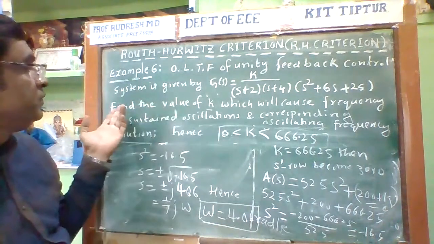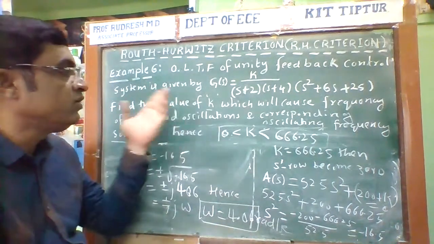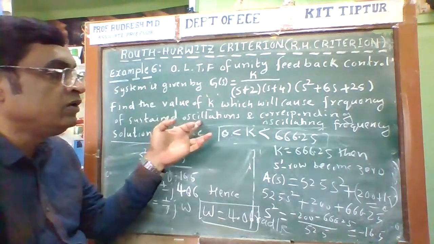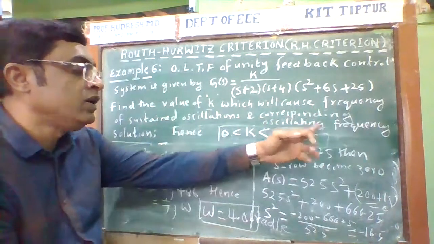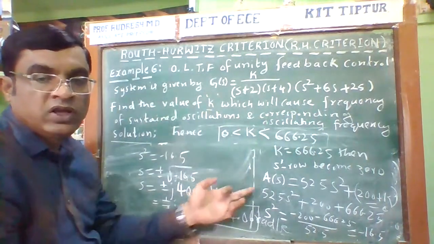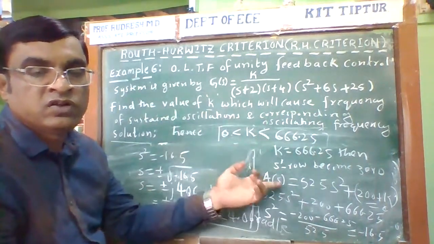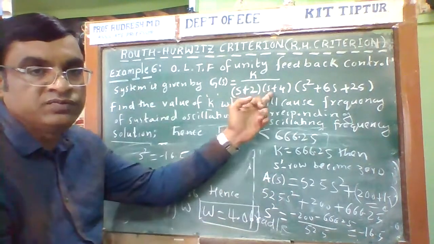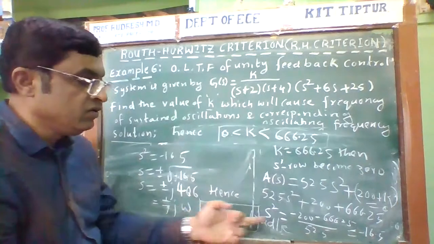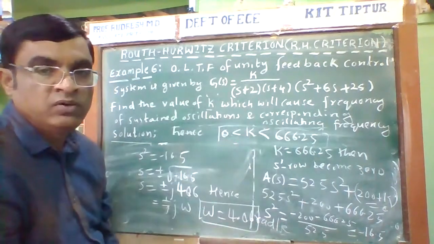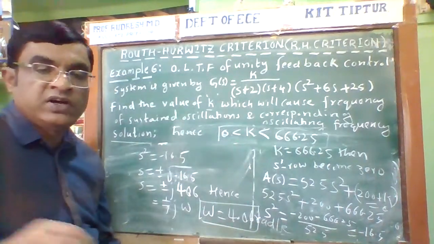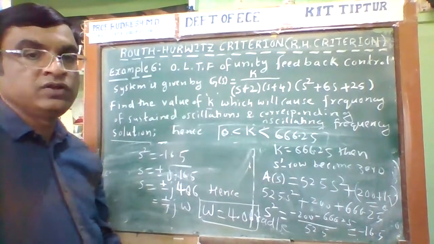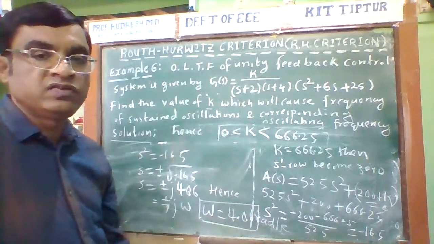This is how to find the value of K which will cause sustained oscillation, and the corresponding oscillating frequency at K equal to 666.25. This is the way of finding the frequency of sustained oscillations and also the gain of the system.